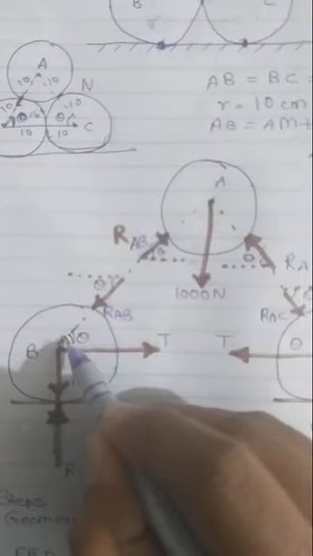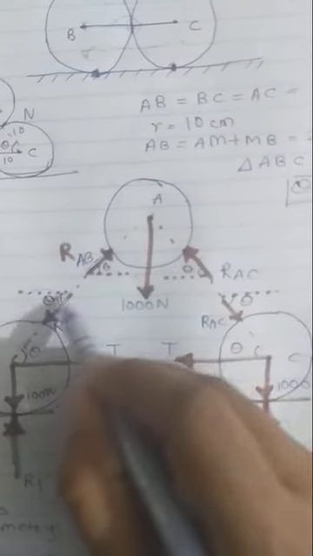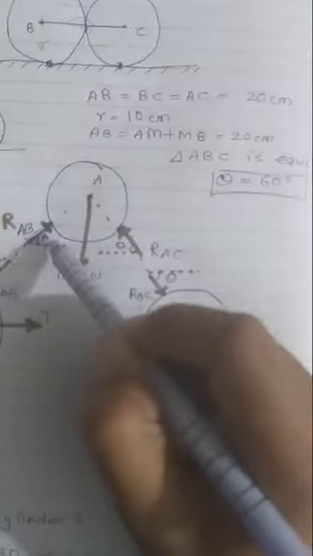Here we consider this angle theta as 60 degrees, as it is an equilateral triangle. If there is one force acting at this point, we have shown it this way. So if this is theta, the alternate angle is also theta, correct? The opposite angle is also theta. So we can say that this reaction AB is at theta.